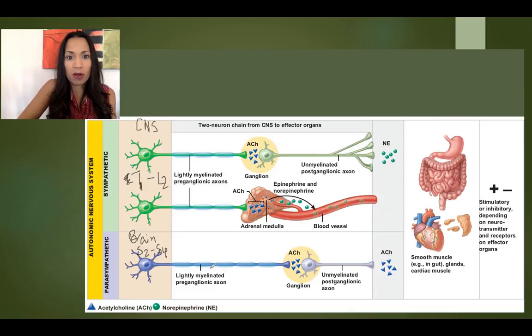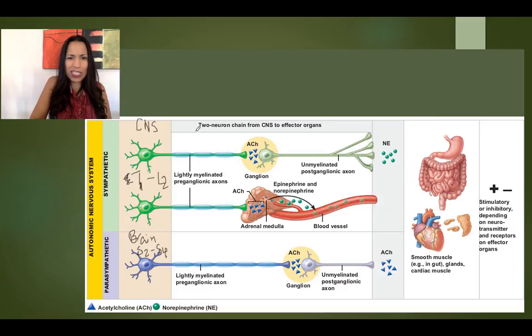All of them are lightly myelinated. They're slow axons. In the sympathetic nervous system, they are short because the ganglia are close. If I drew this picture, I would exaggerate this.